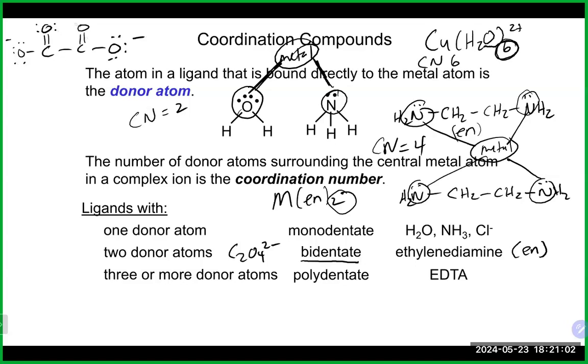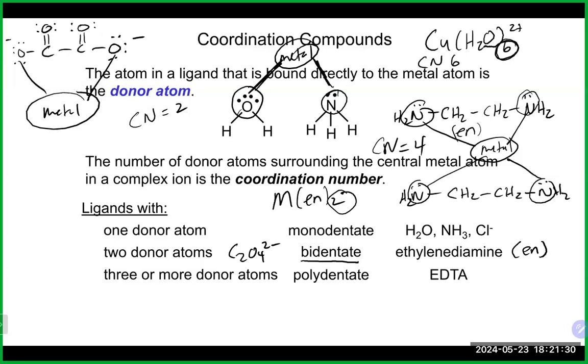It has the ability to bind to a metal through the single bonded oxygens that have the negative charge, and they bind in a 2-for-1 situation as well. Same deal there: if you had 2 oxalate molecules attached to a metal, you would have a coordination number of 4. If you had 1, it would be a coordination number of 2, and so forth.